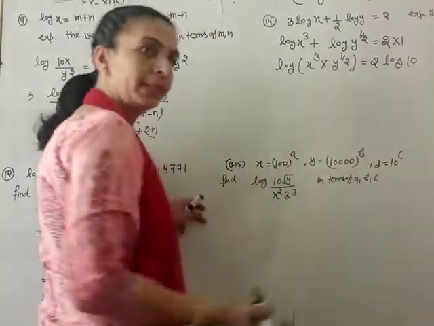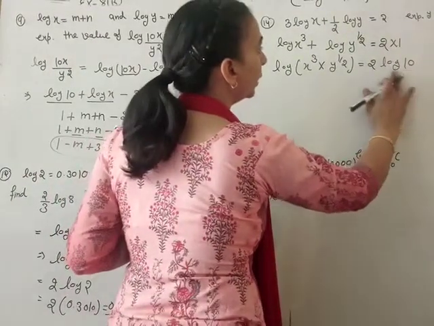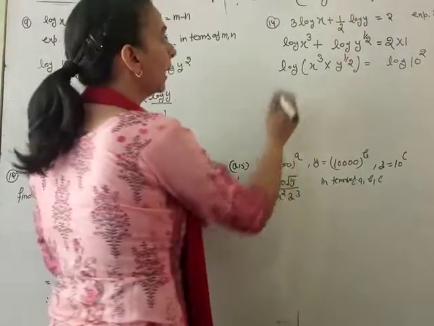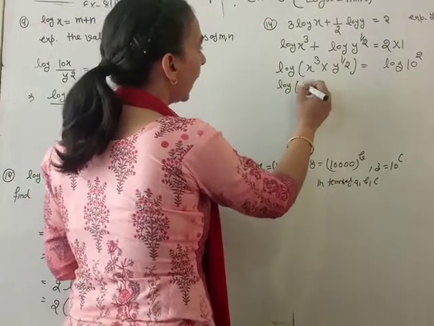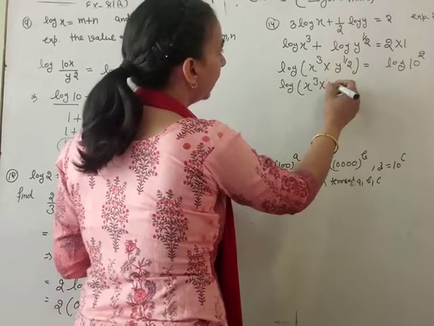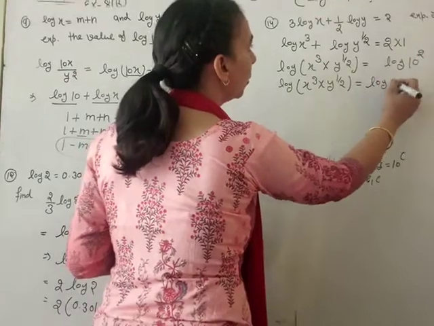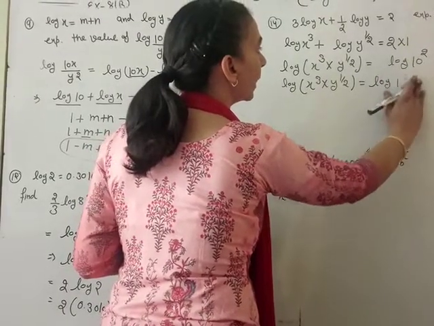The base is understood. Then according to the power law, 2 is the power of 10. So log of x cubed y raised to the power 1 by 2 equals log 10 square, and 10 square means 100.